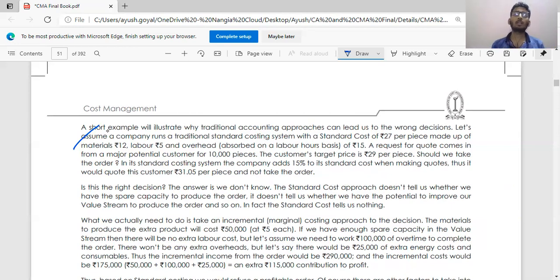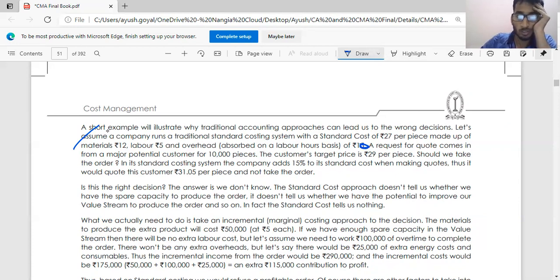So what was there in the standard costing? What used to be there? That 27 was our cost. Just forget this 15. Let's read it as 10. So rather than 15, just see it as 10. Okay.